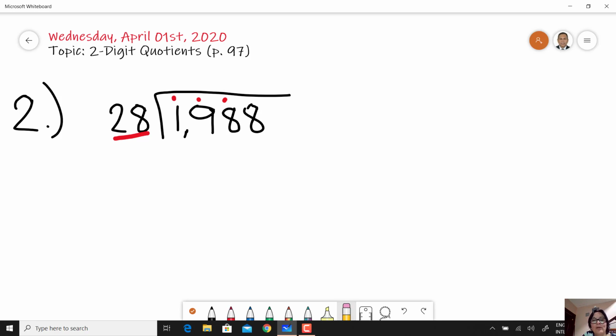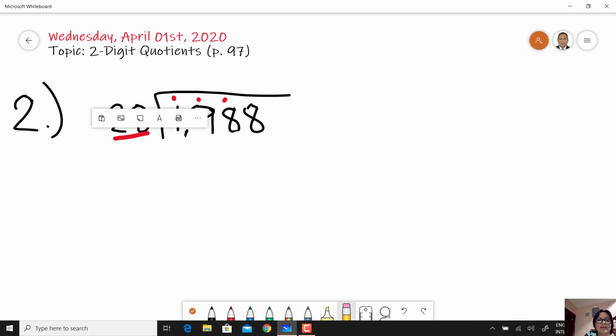So what number can you use in the quotient that you can multiply by the divisor and that the result has to be 198 or close to 198. We don't know the timetable of 28, so we are going to use our trick.